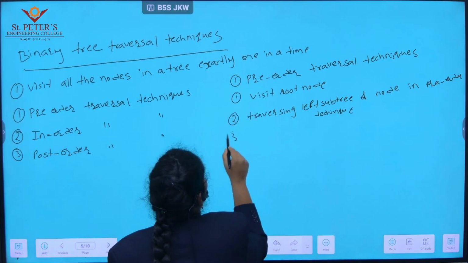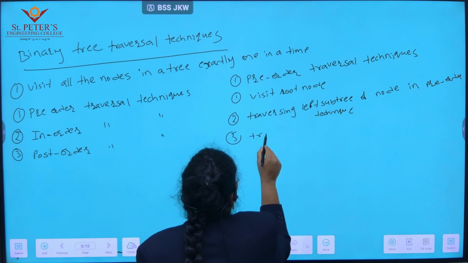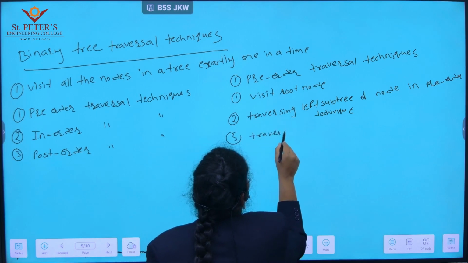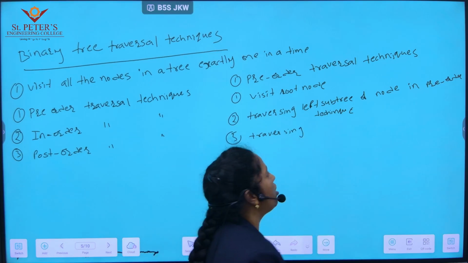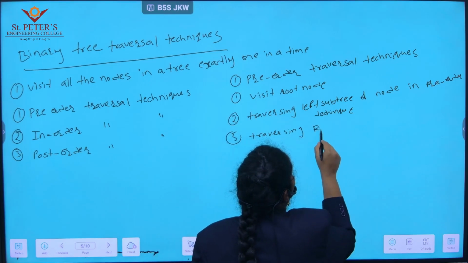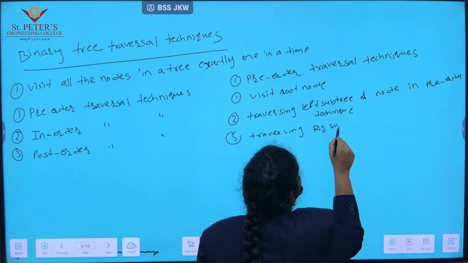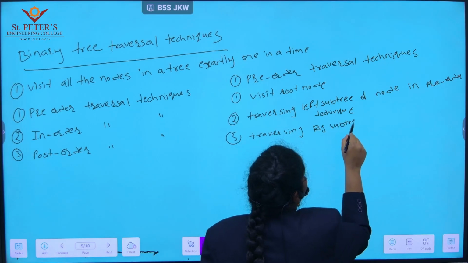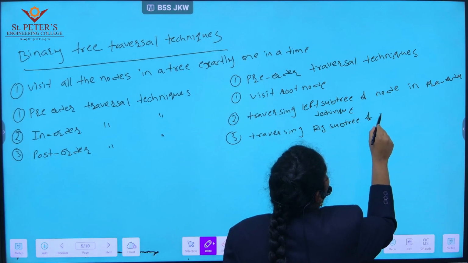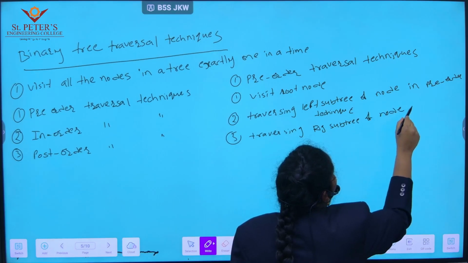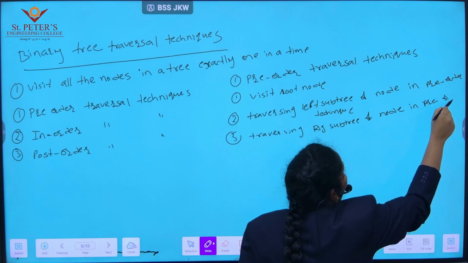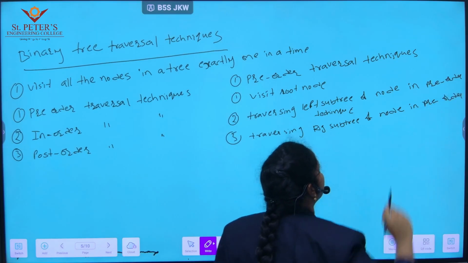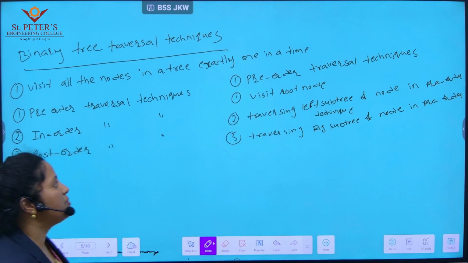And third one is traversing right subtree of node in pre-order techniques. So what is the meaning of these three steps here?